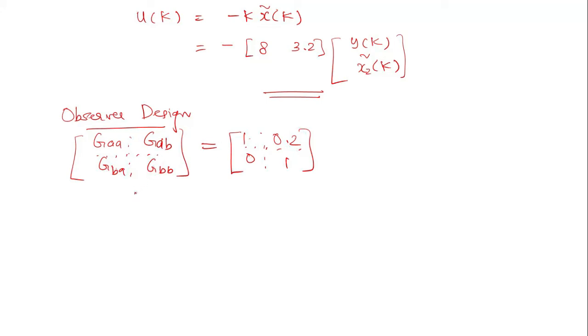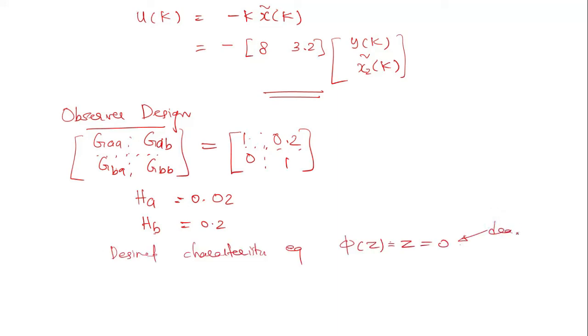And if you split the H matrix, you will find that HA equals 0.02 and HB equals 0.2. Also, since no observer design specification is given, we will assume that we need a deadbeat response.